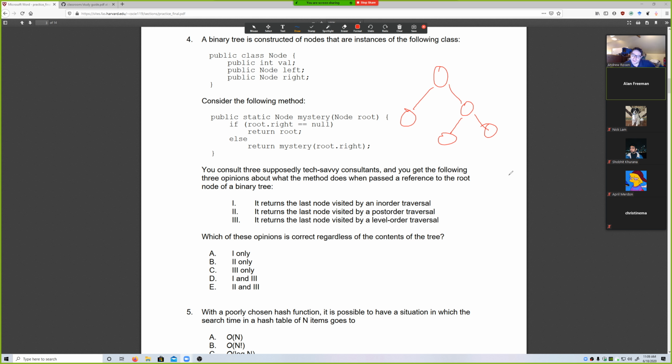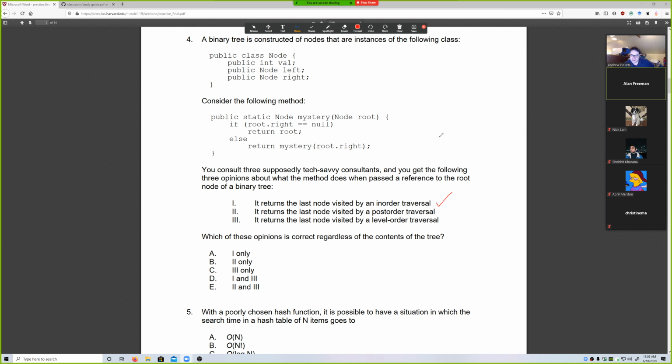So if you think about it as a binary search tree, the rightmost node is going to be the greatest item, the largest item in the tree, which is the last item returned by an in-order traversal. So consultant 1 is correct. It will return the last node visited by an in-order traversal.